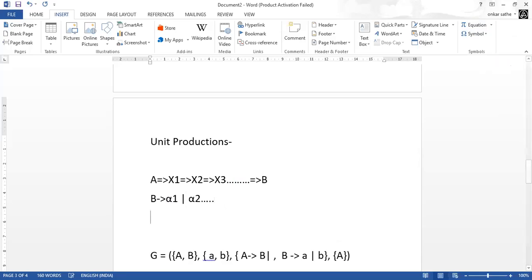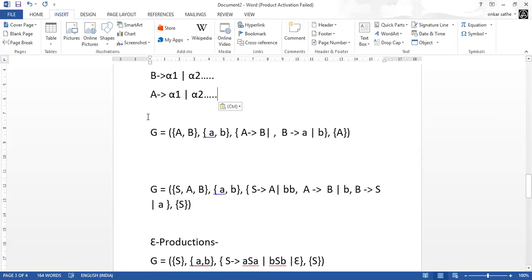Then we can directly replace this B with its corresponding productions. So here we will have the final production as A gives alpha 1, alpha 2, and so on.